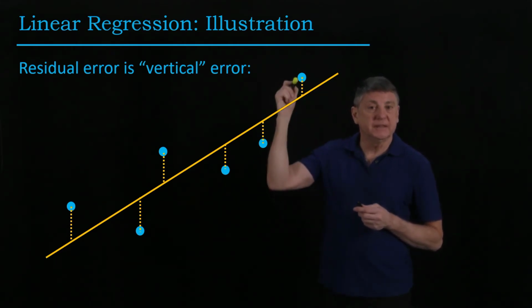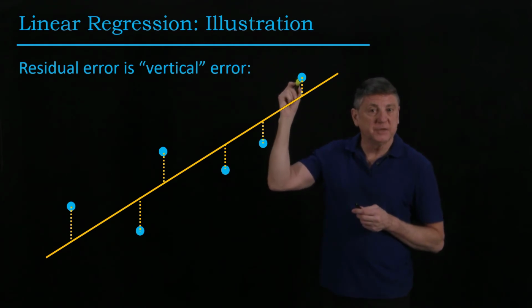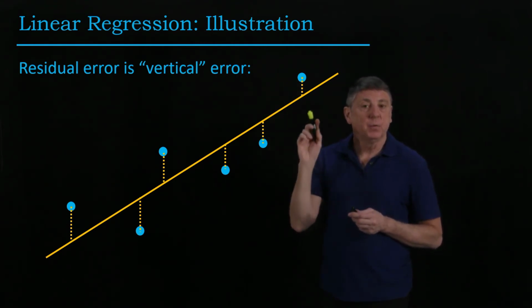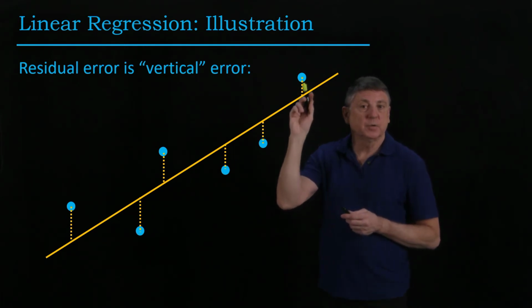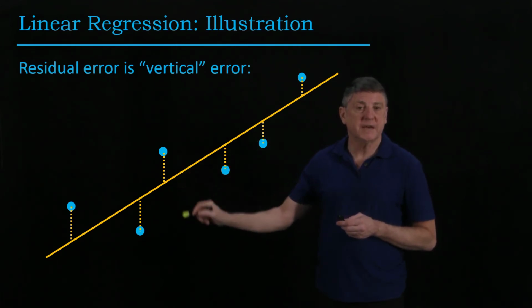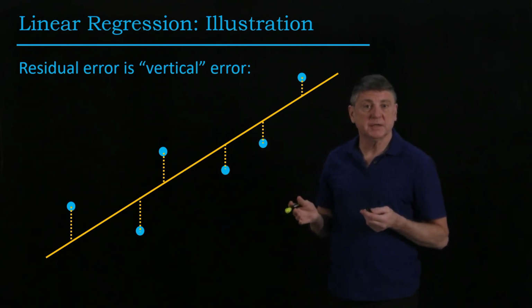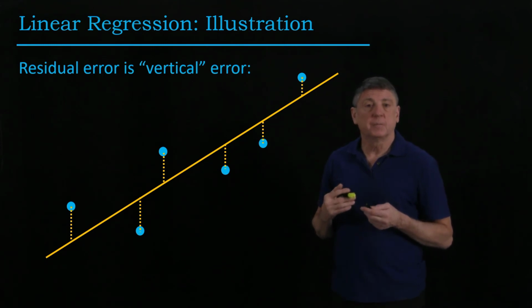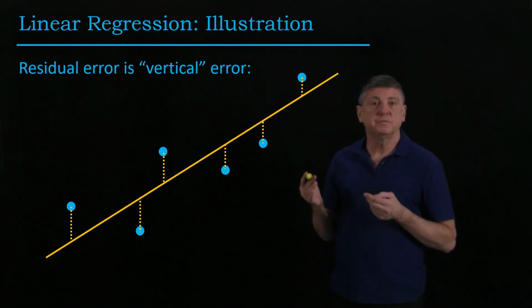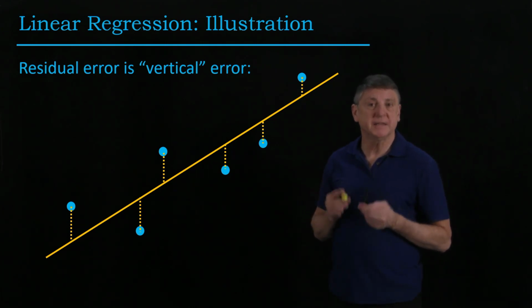That difference between the dependent value and the model is the error, and what we're doing in linear regression is minimizing the sum of the squares of all of these errors, and that geometrically is the same as performing a projection of the vector of dependent data onto the vector space that is spanned by the independent data.